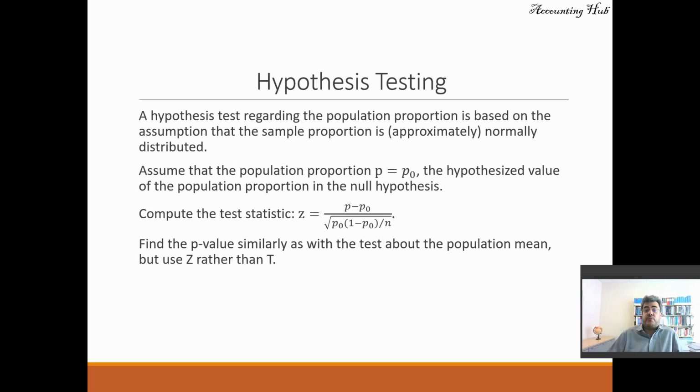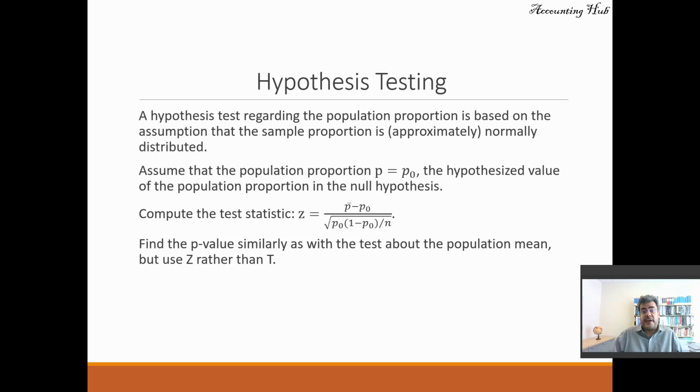So this 90% would be the P0, for instance. And first, we need to find the z-test. And the z-test, we cannot find it in Excel formulas. So we need to do it by hand. So we will copy and paste this formula into our Excel.